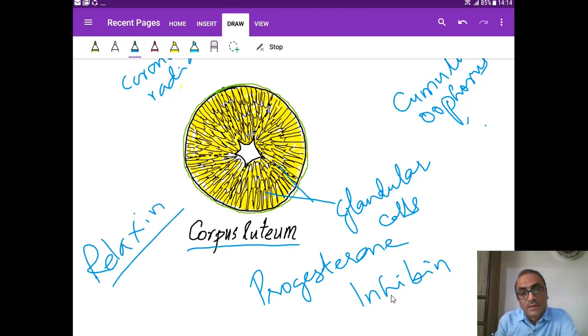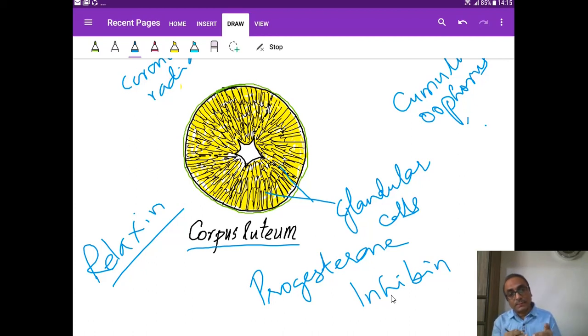Relaxin is a hormone which is needed at the time of parturition, that is at the time of delivery of the child. So this will bring about the relaxation of the muscles in the cervix and the vagina, so that the birth canal is made.